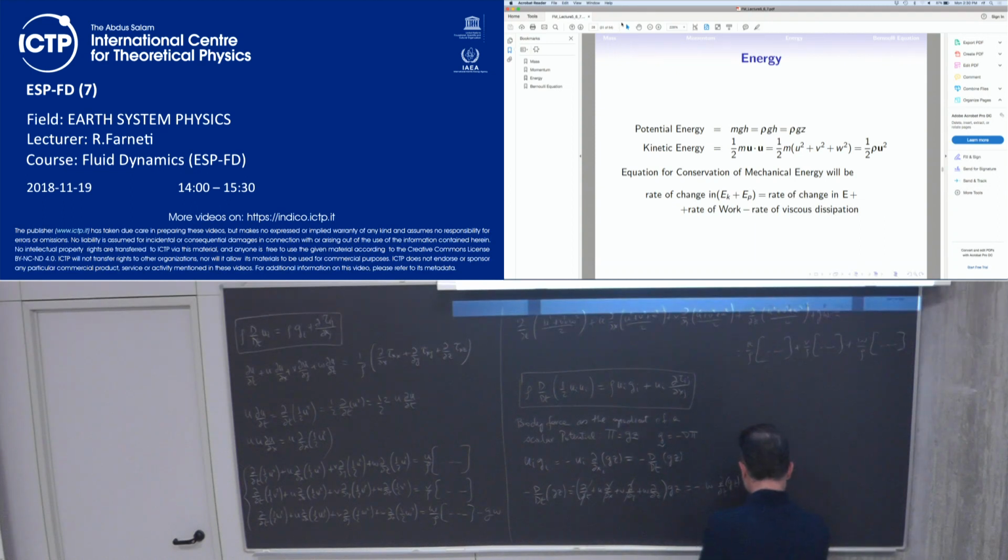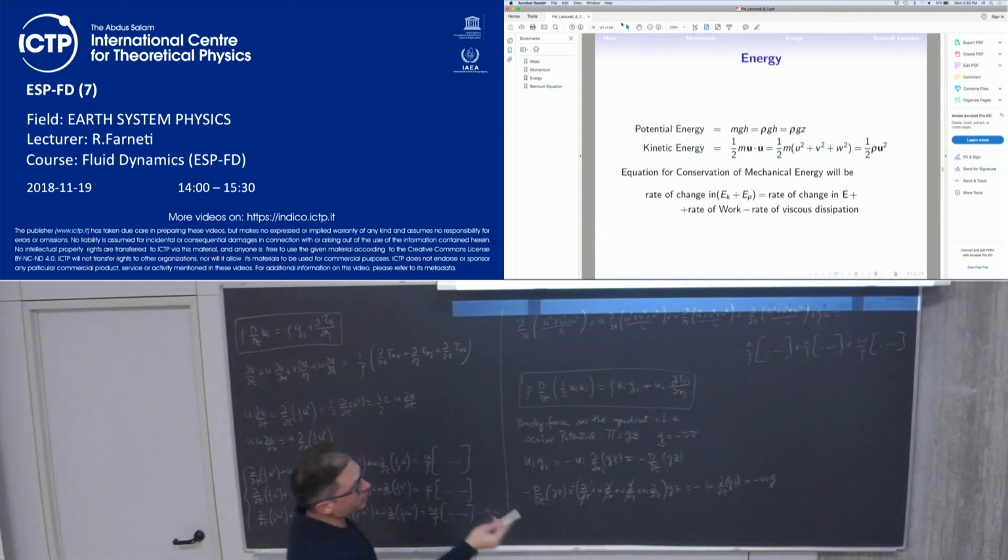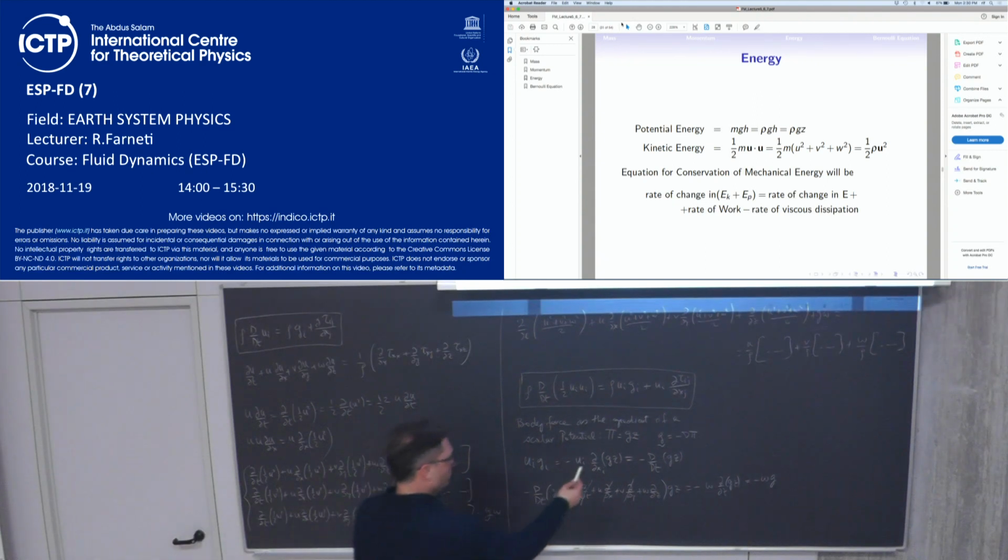So that's exactly the term that we had. I can express that term, GW, the gravitational body force, as the gradient of my scalar potential.